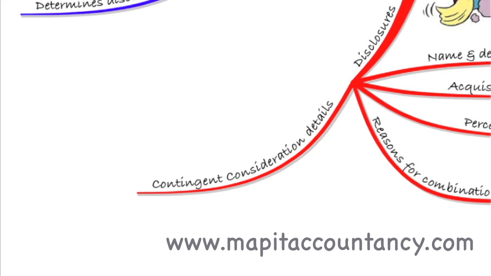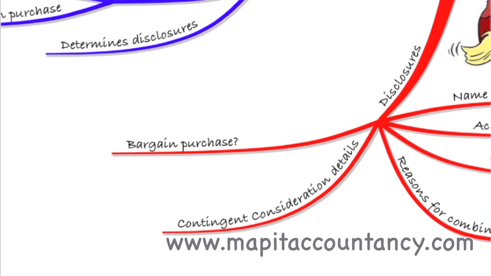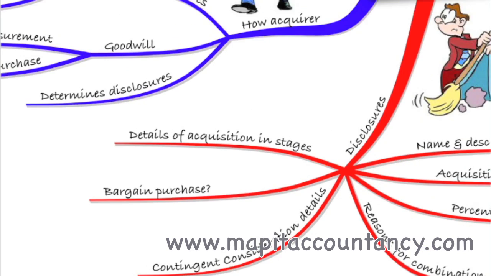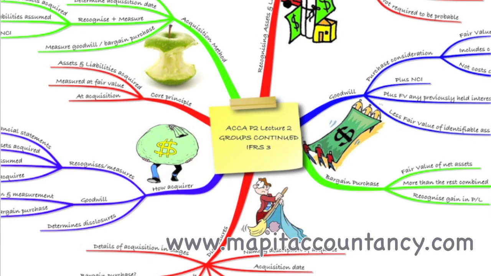Contingent consideration details, so if there is contingent consideration, that will be disclosed. If there's been a bargain purchase, that needs to be disclosed, and details if there's been an acquisition in stages. So that was our lecture 2, a continuation of groups looking at IFRS 3.